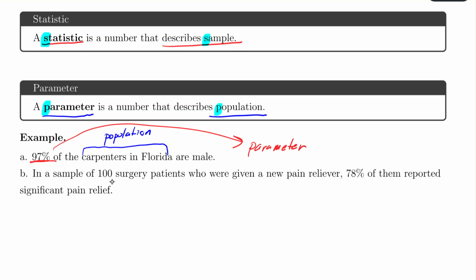B: in a sample of 100 surveyed patients who were given a new pain reliever, 78% of them reported significant pain relief. In this case, this is a sample of 100. Therefore, the 78%, the proportion, is an example of a statistic.